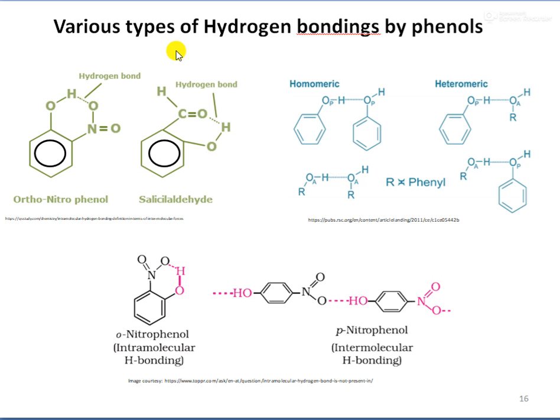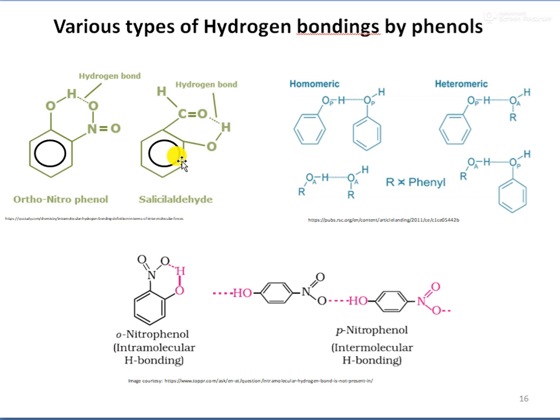Let us understand the various possibilities of forming hydrogen bonds in phenols. In the first two structures, I have shown an ortho-nitrophenol and a salicylaldehyde. Here in the ortho position of the phenol, there is an NO2 group, and in this case, intramolecular hydrogen bonding occurs.